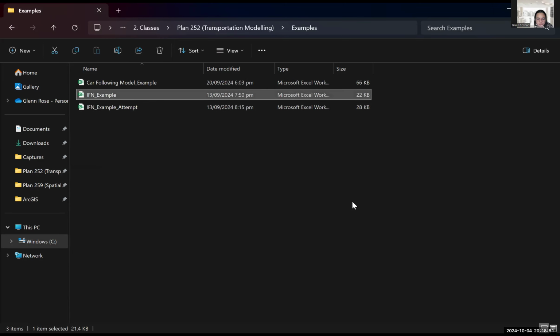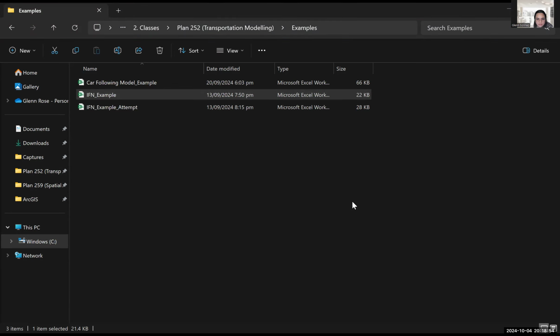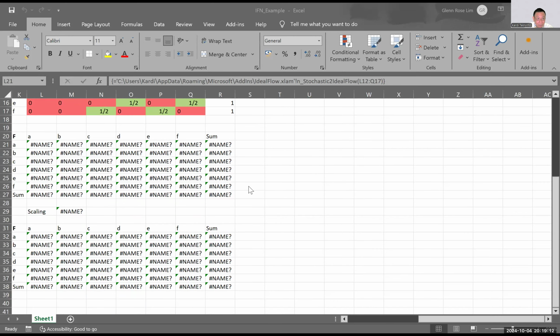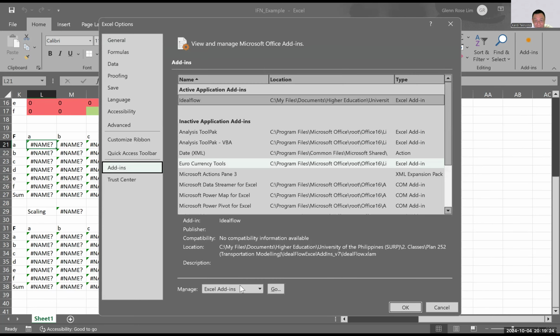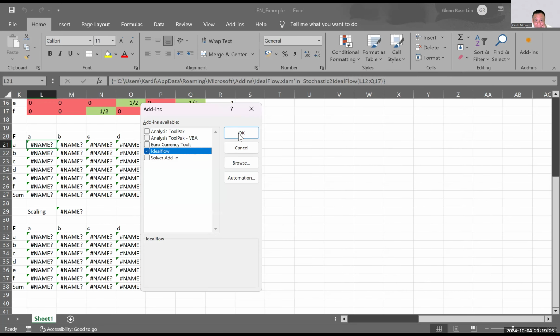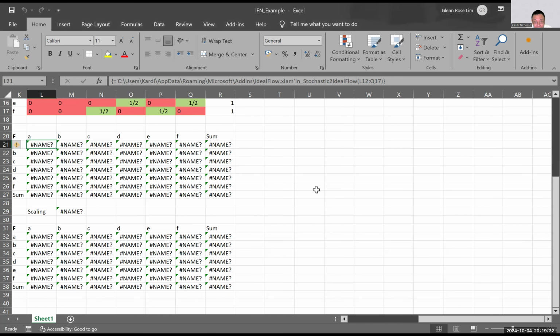I'm trying to open the one that you shared with us, and it still does not apply. Oh, really? Can I see the screen? So it doesn't apply. Okay, go to File, Options, Add-ins, Go there, click OK. Can you browse first, maybe?